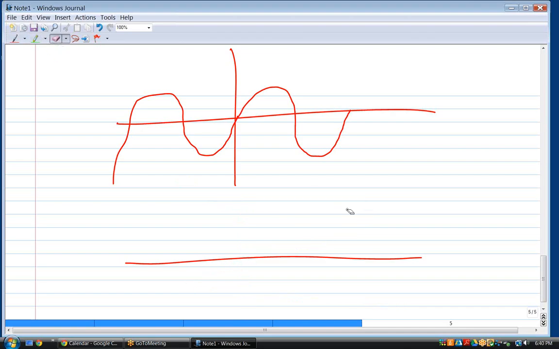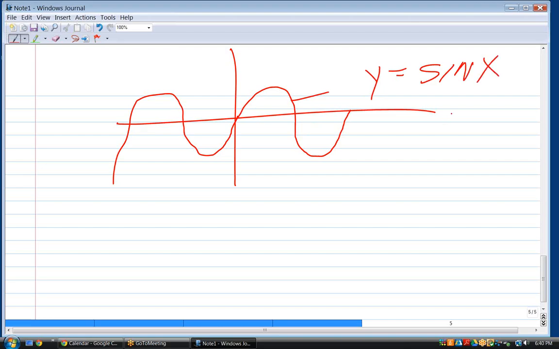So, in order to cure that problem, mathematicians restrict the domain on the trig function, which is y equals sine of x. This is x, this is y. They restrict the domain such that it's one to one. And in this case, that's minus pi over 2 to pi over 2.